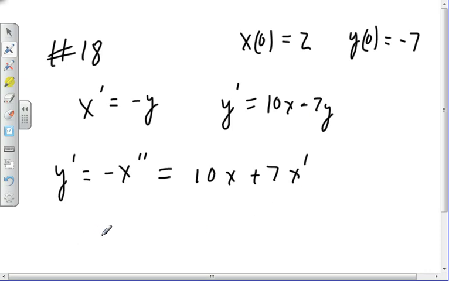So I got that x double prime plus 7x prime plus 10x is equal to 0.